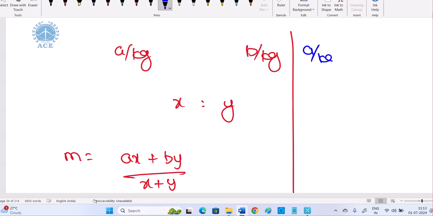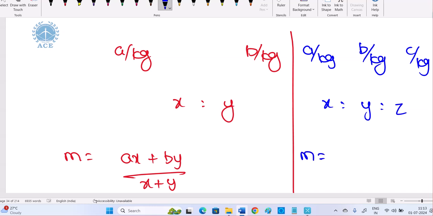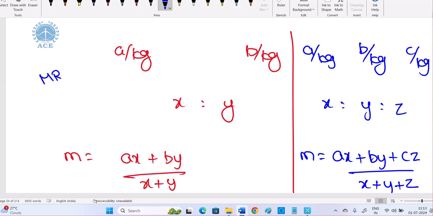A per kg, one variety, other variety B per kg, one more variety C per kg, and you are mixing in X is to Y is to Z. Now what is the mean price? M is the mean price here, or mixed price. AX plus BY plus CZ divided by X plus Y plus Z. Always apply this when the mixed ratio is given.